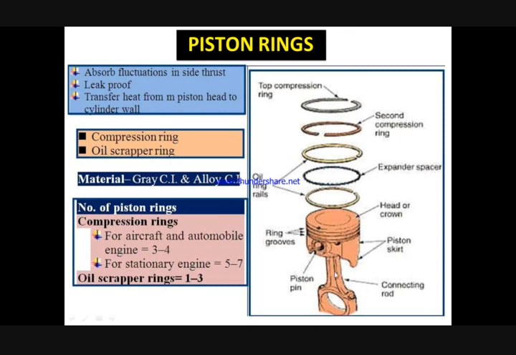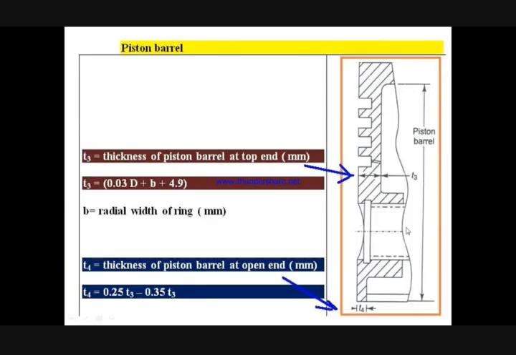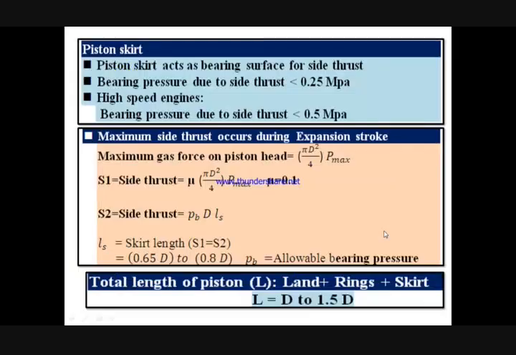The piston skirt takes the side thrust, and it also acts as a bearing surface for the piston pin. Here the piston and connecting rod are connected by this hole, where both are connected using the piston pin. So this piston skirt acts as a bearing surface for the piston pin.